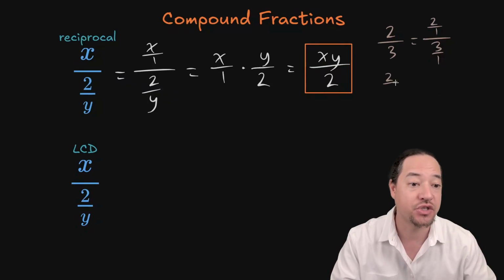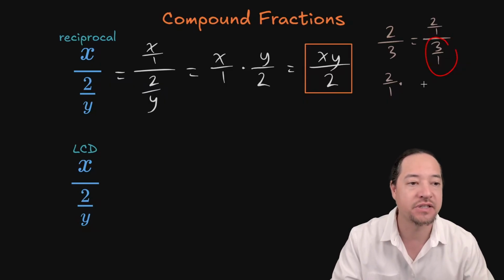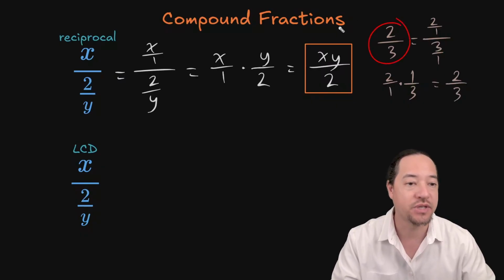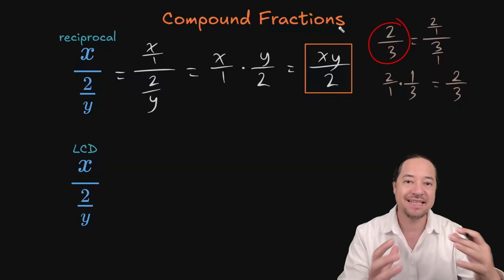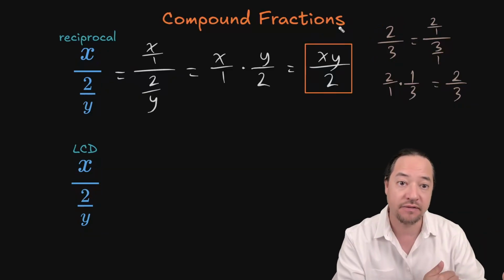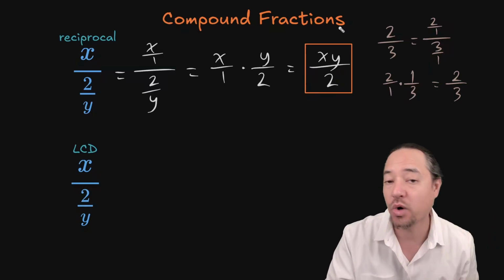I can change this into 2 over 1 multiplied by the reciprocal of the denominator, which would be 1 over 3. And if I multiply this together, sure enough, I get 2 over 3, which is exactly what we started with. Okay, so that's the idea here. Division can be imagined as multiplication of the reciprocal of the denominator, essentially, right? All right, so that's one method.